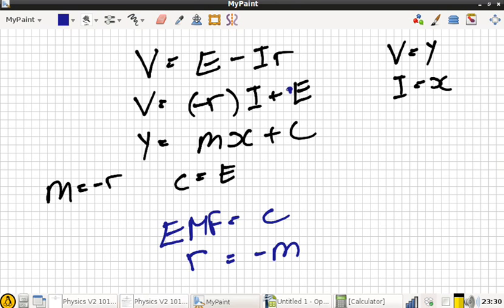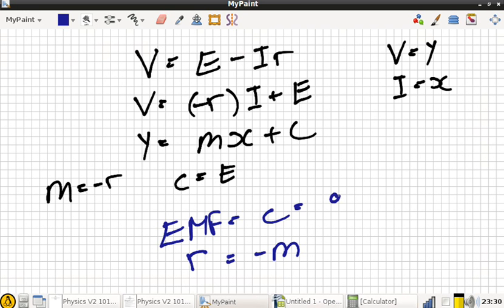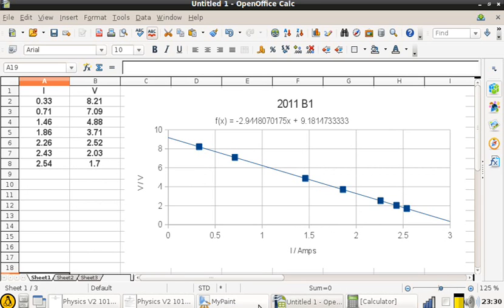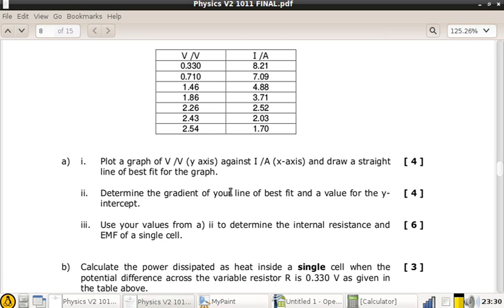On our graph, we have C equals 9.18 and minus M would equal 2.94. So that is the internal resistance, and then that is the EMF. Okay, so now we have 14 marks in total.